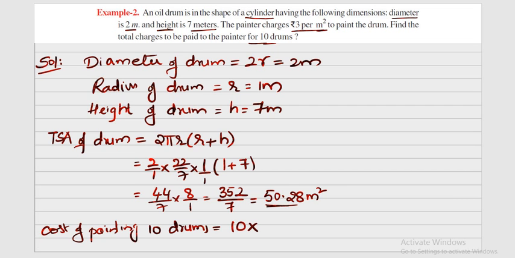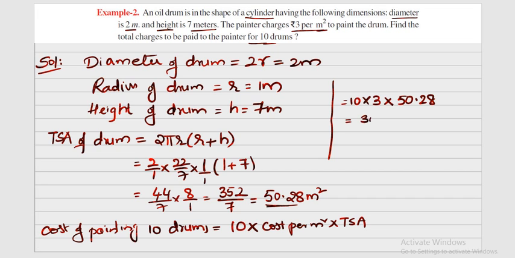So 10 into cost per meter square, which is 3 rupees, into 50.28.